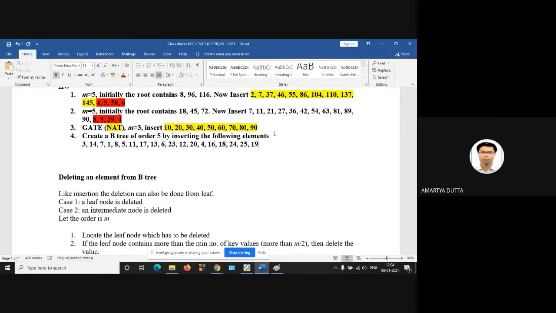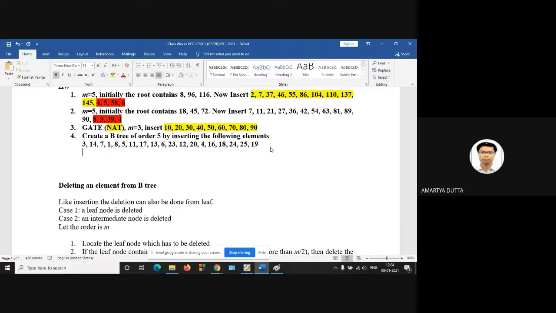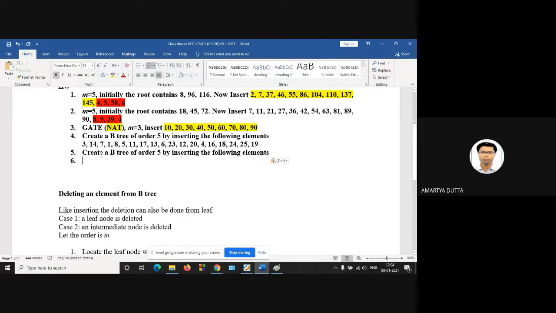and consider a B tree of order 3. Create a B tree of order 3 by the following set of elements.